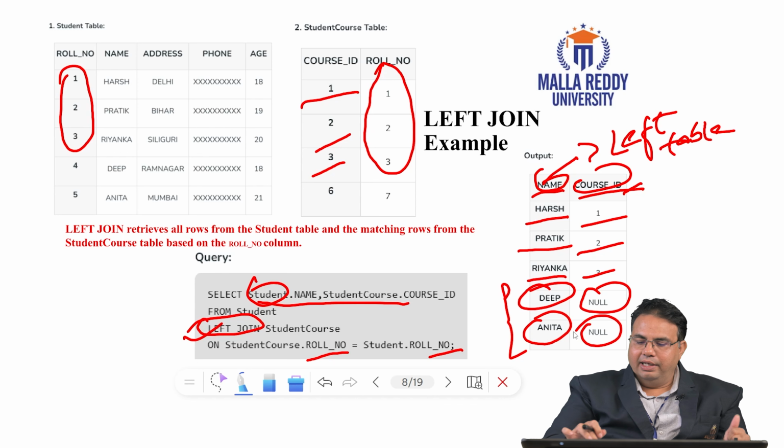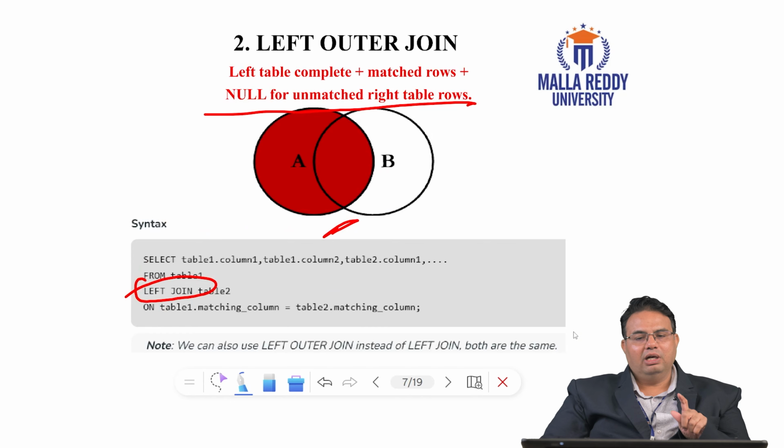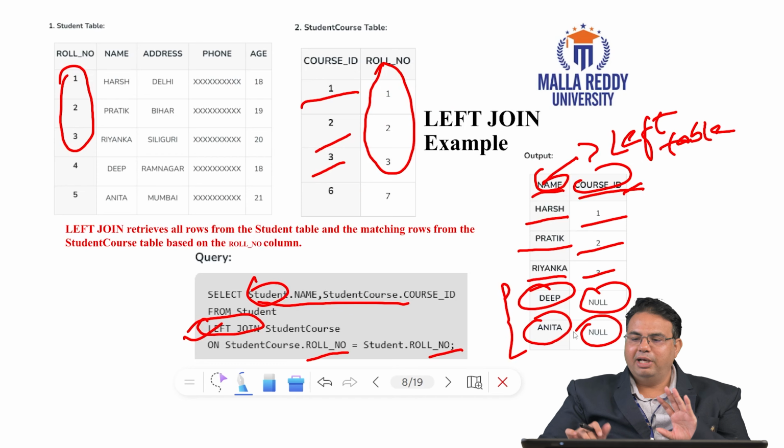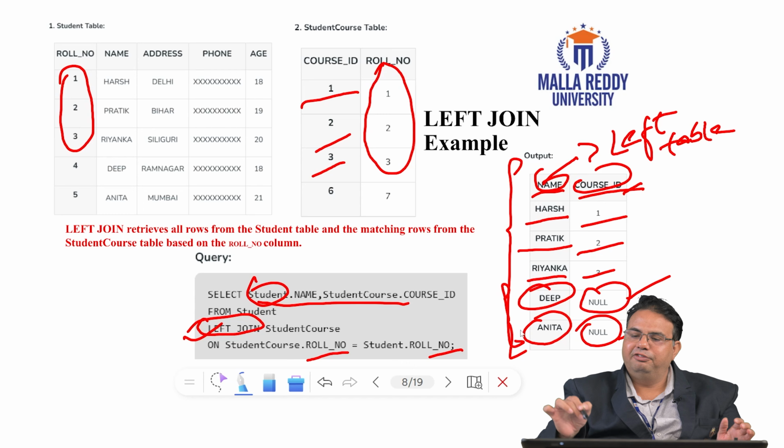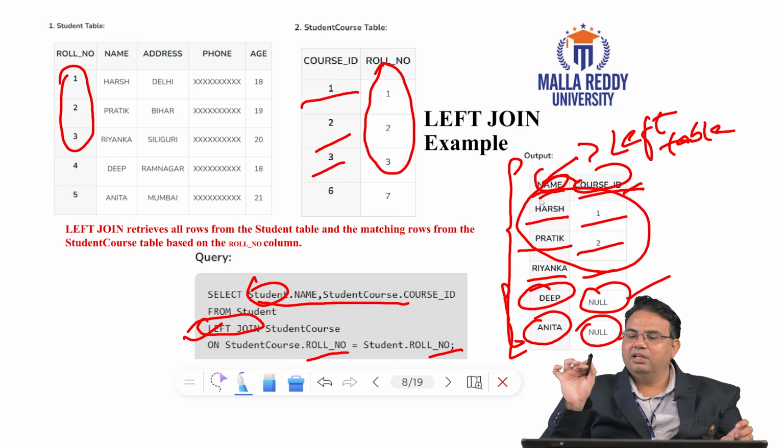Again, you can see here: left table complete, matching rows, plus null for unmatched right table rows. So these two are unmatched, null rows of the right table. This is the complete left table, and Harsh, Pratik, Riyank with 1, 2, 3 are matching rows.